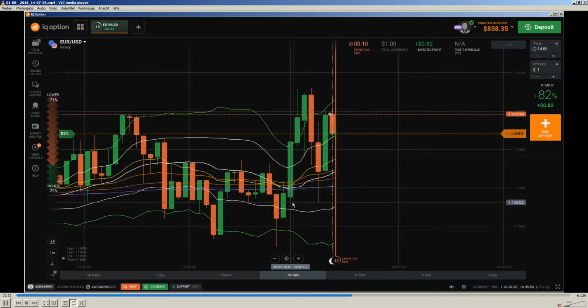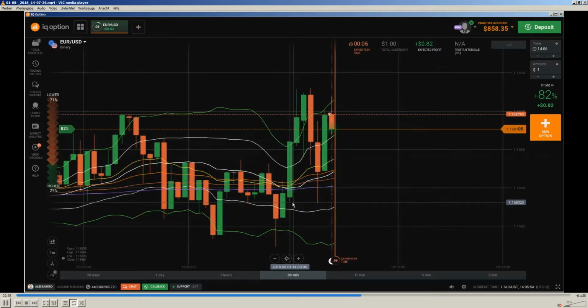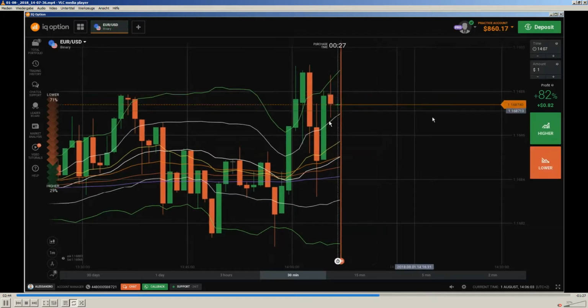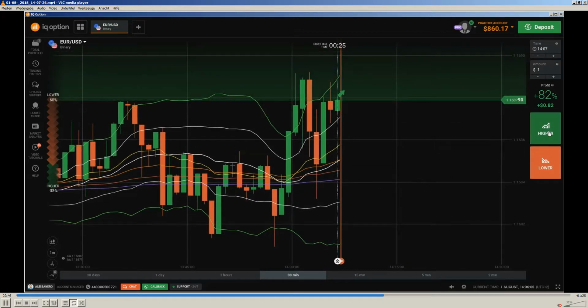Such things can often happen there, that price gets into a consolidation area in a retracement, and after this retracement price breaks through this. You see price got strong momentum upwards, and that was then the decision to enter into a call.